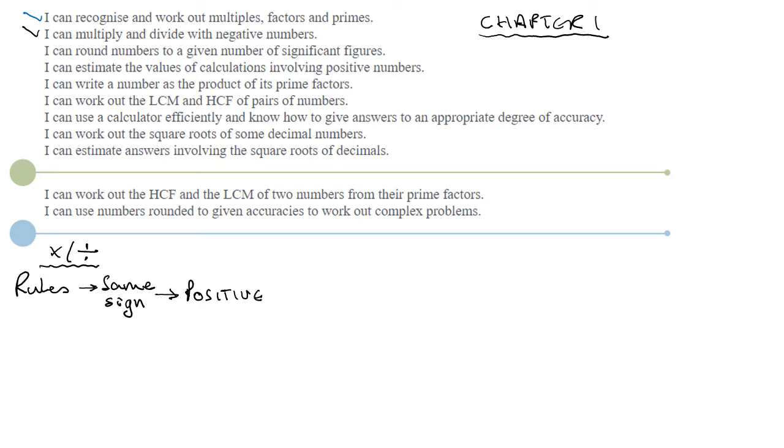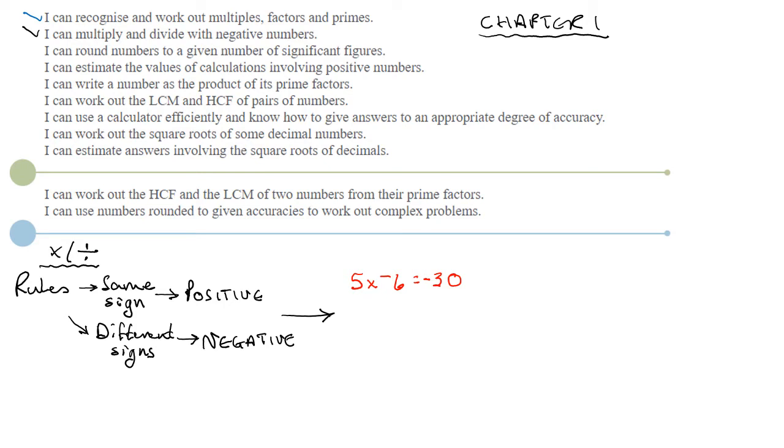If you multiply or divide two numbers which have different signs, so one is positive and one is negative, you'll always end up with an answer which is negative. So I'll put some examples here. So for example, if I had 5 times negative 6, 5 times 6 is 30, because the signs of these two numbers are different, it will be negative 30.